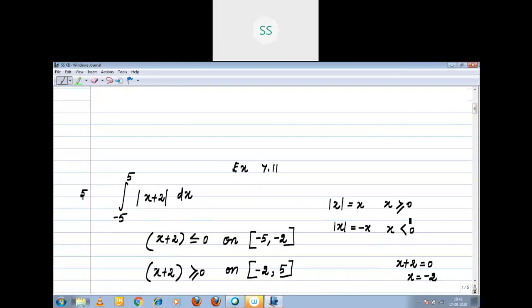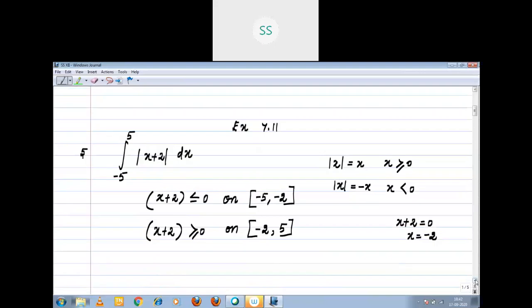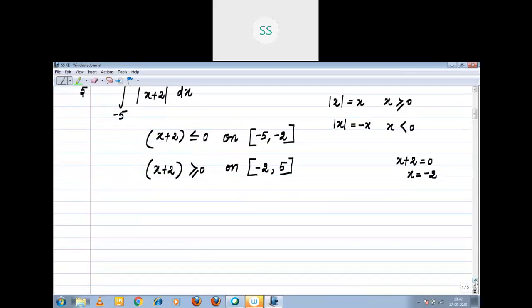Now I am going to move to the solution part. Using this, how I am going to integrate, you have to listen. I is equal to, I am going to split and write the integral using the intervals: minus 5 to minus 2 plus minus 2 to 5.